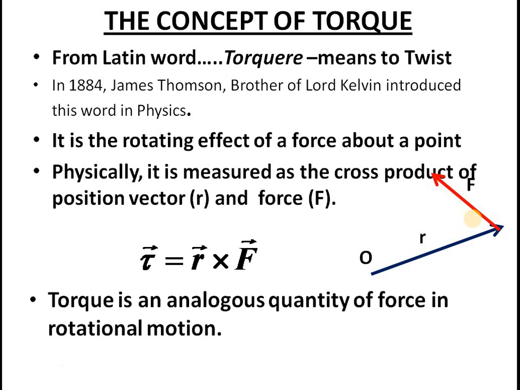So we can say torque is the analogous quantity of force in rotational motion. They are not the same, and even their units are not the same. In the SI system, the unit of torque is meter, because of the obvious reason, it is evident from the formula. R is measured in meter, and the force is measured in Newton. So we write Newton meter.